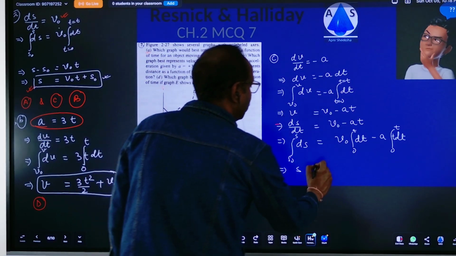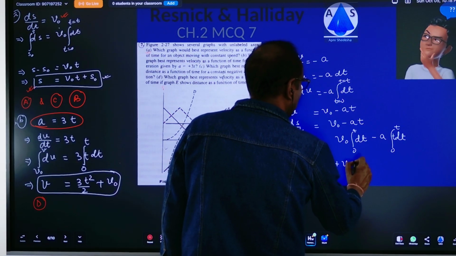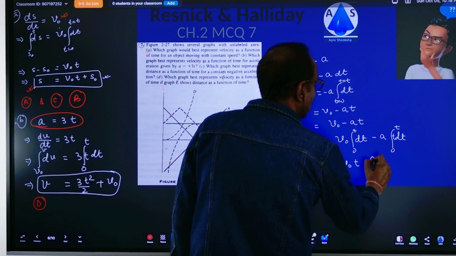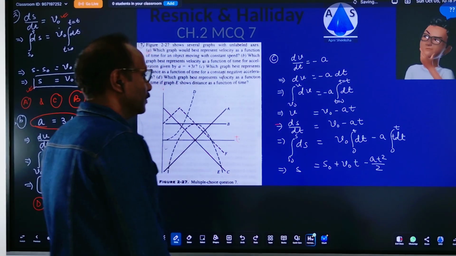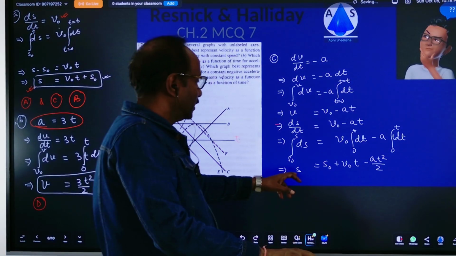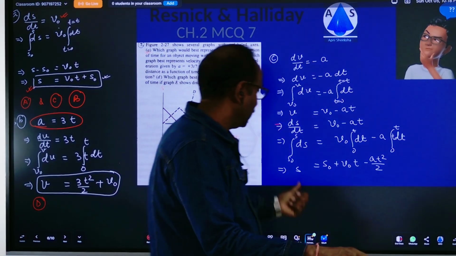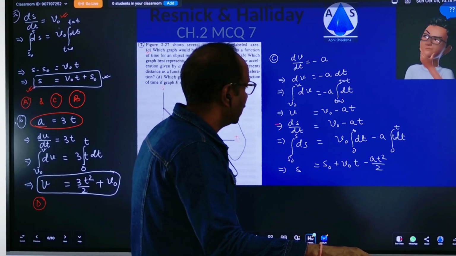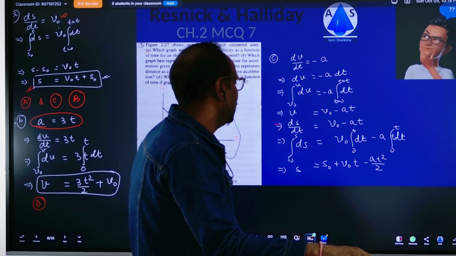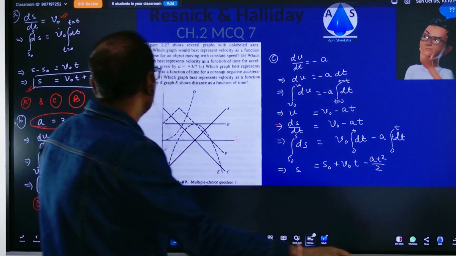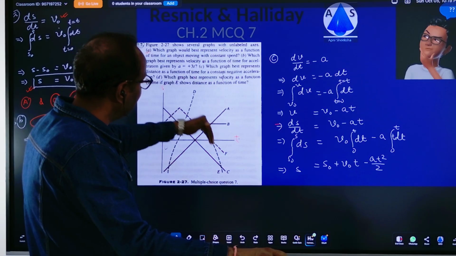So this will give you an output of S naught plus V naught into T minus AT square by 2. S is varying with T, so it is a function of displacement with respect to time, and this is a quadratic equation, so it will be a parabola. So you have two parabolas, one is this D, one is your E.